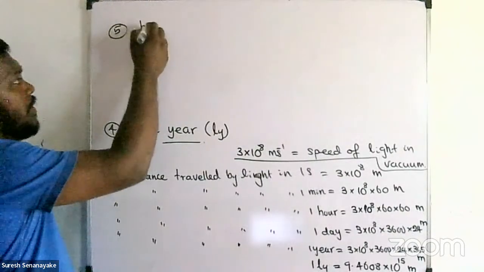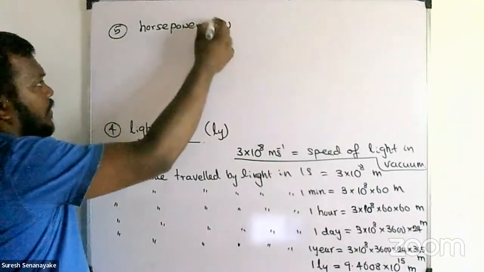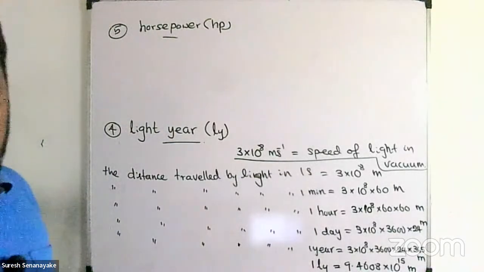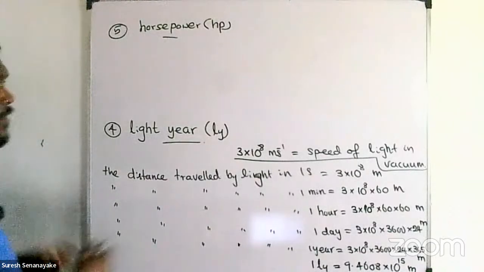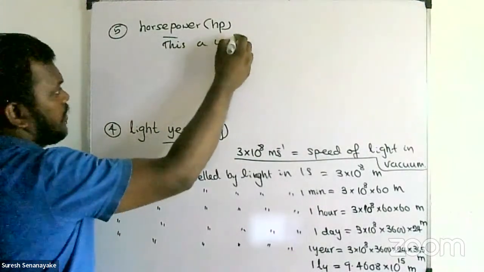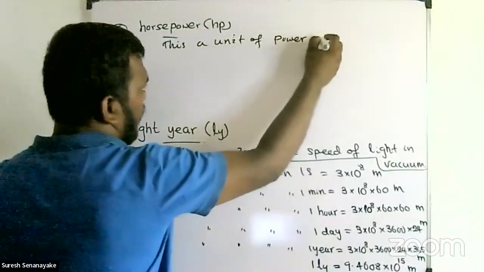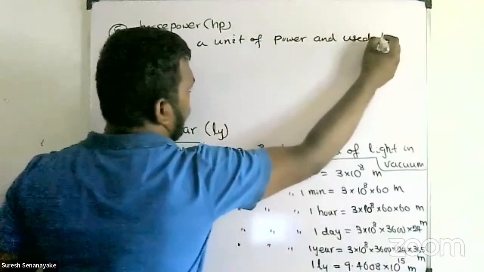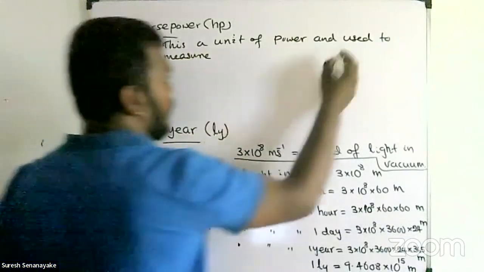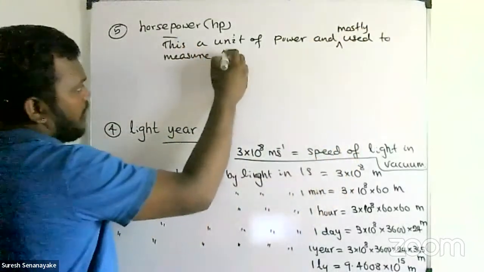Fifth one, the horsepower, HP. Nowadays it is not used much, but it is a unit used to measure the power of an engine. So write there that this is a unit of power, mostly used to measure the power of an engine.